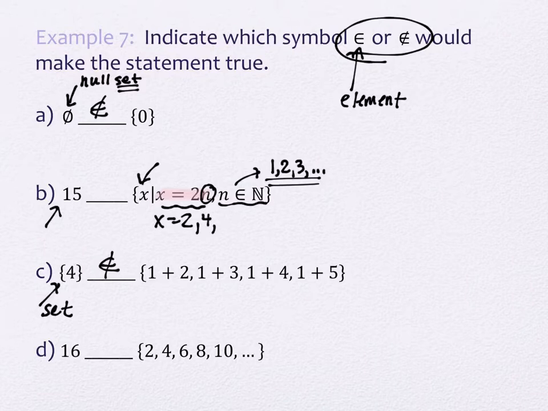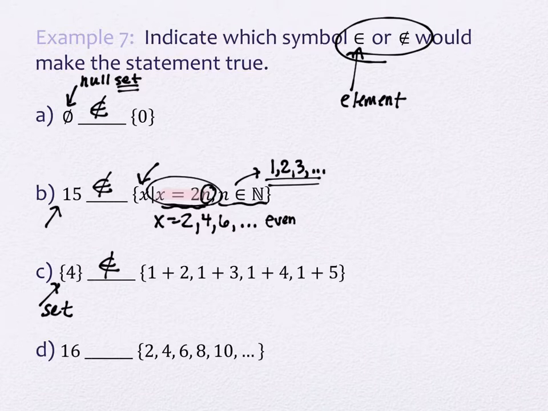And if I plug in the number 3 and multiply it by 2, I get 6. What numbers is this developing? These are the even numbers. So this notation is actually a notation for how to write even numbers. It's the natural numbers times 2. Is 15 an element of the even numbers? No. So it's an element, but it's not an element of what comes on the other side of the blank. So it fails, but it doesn't fail for the same reason.